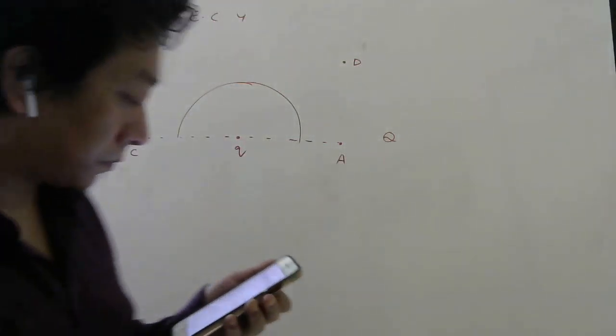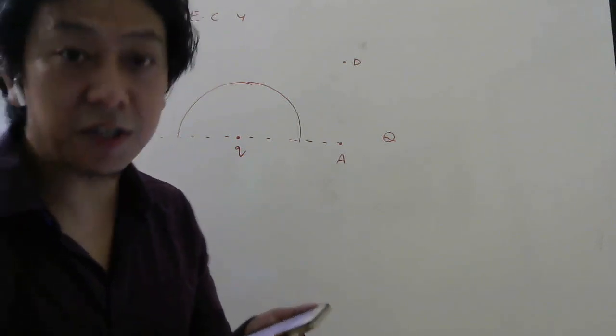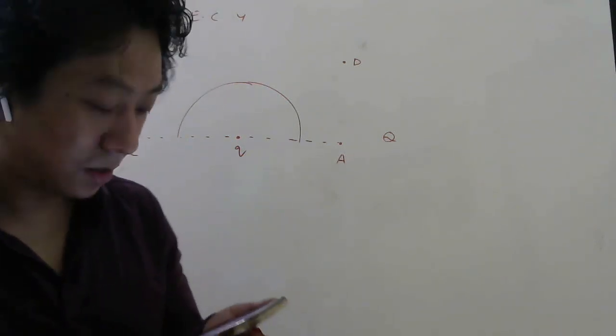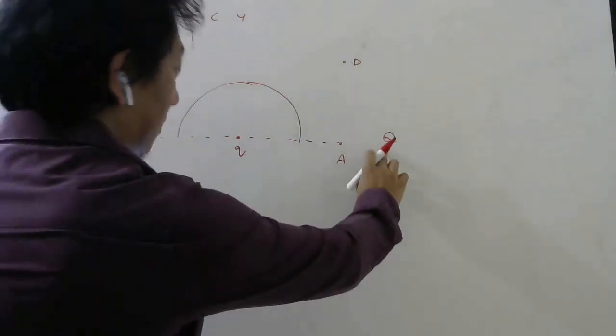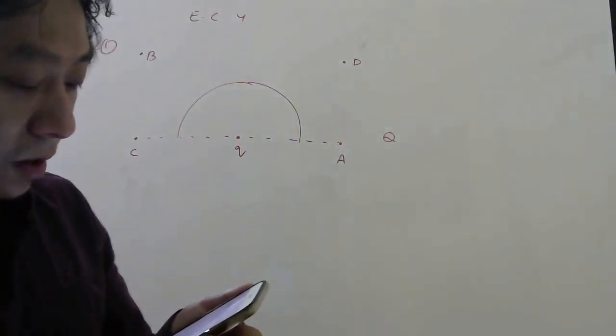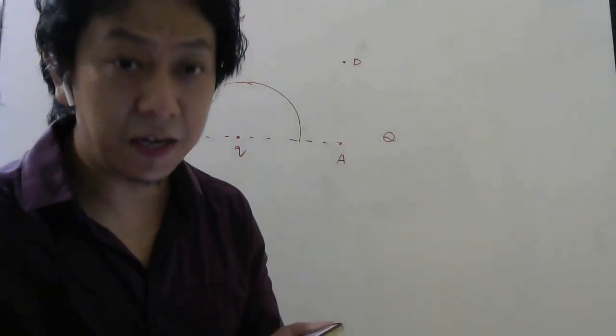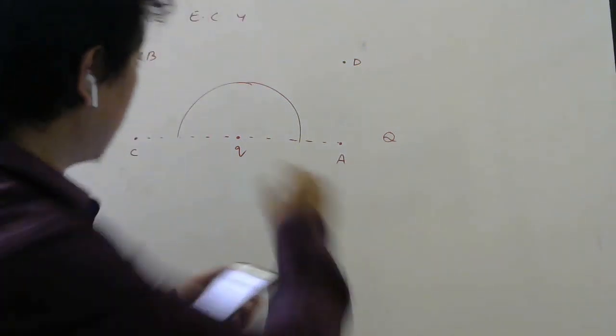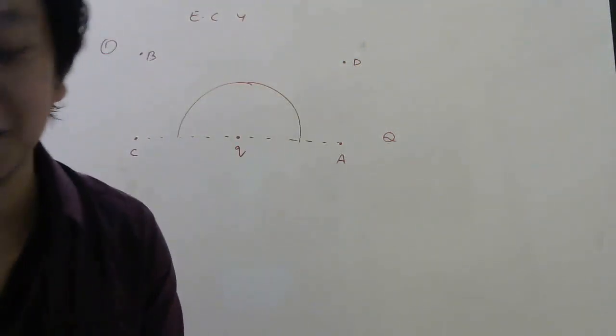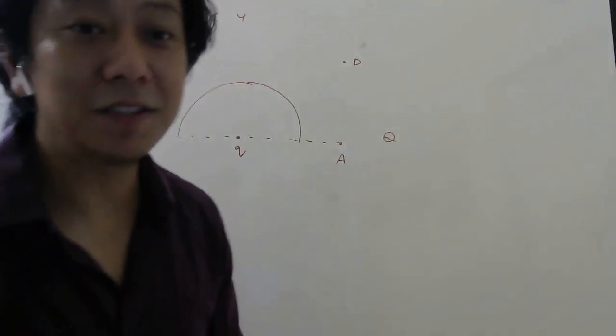The question is, in which position or positions of the second charge will the electric flux through the hemisphere remain unchanged?